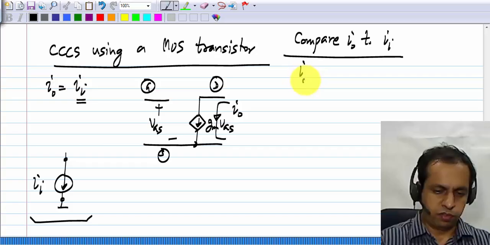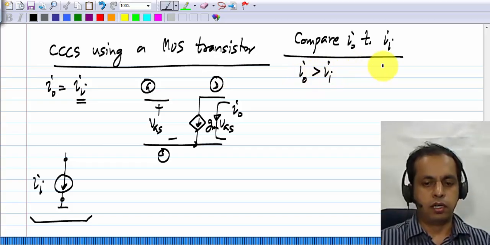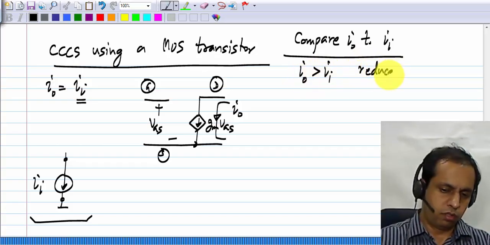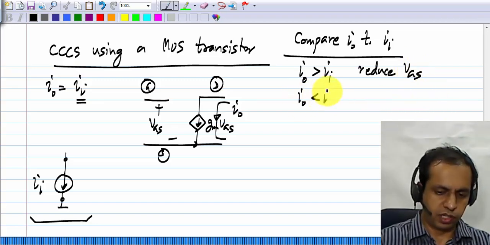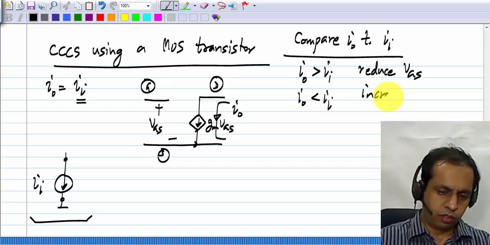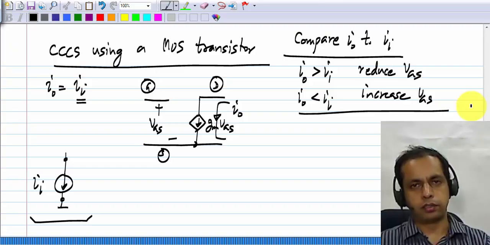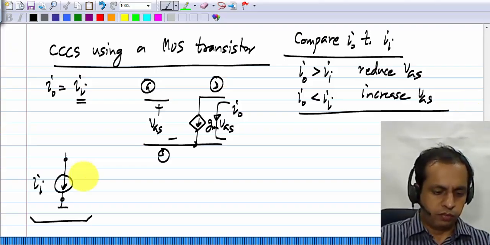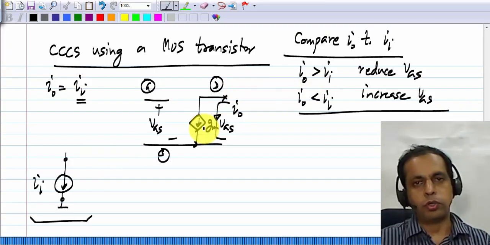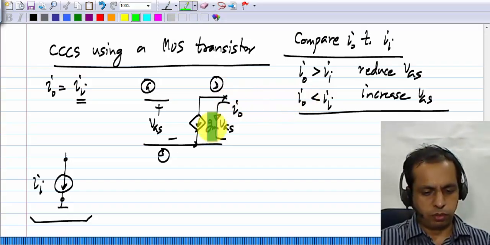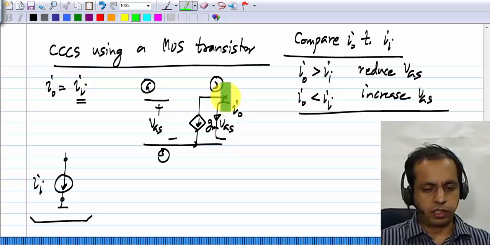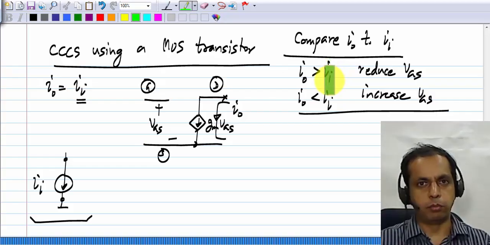And if I naught is greater than Ii, we have to reduce VGS, and if I naught is less than Ii, we have to increase VGS. Now eventually the output current of this block must be connected to a load. So the current flows from drain to source. We could connect the load to one of these terminals and do this comparison at the other terminal.